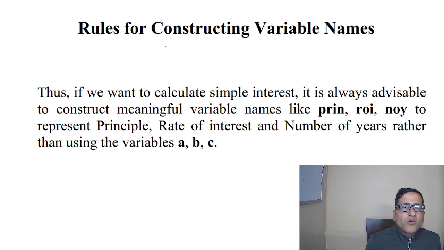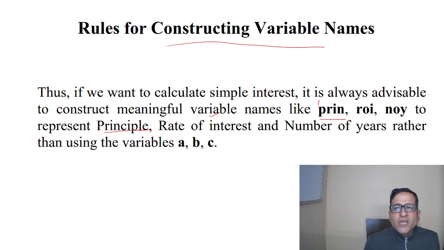Next are the rules for constructing variable names. Like I discussed, if we want to name the principal amount, then we can use PR, or we can use P. It is acceptable. Likewise, if we want a variable for the rate of interest, we should make it shorter.